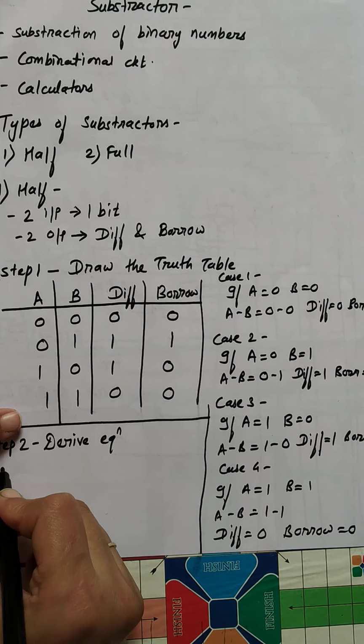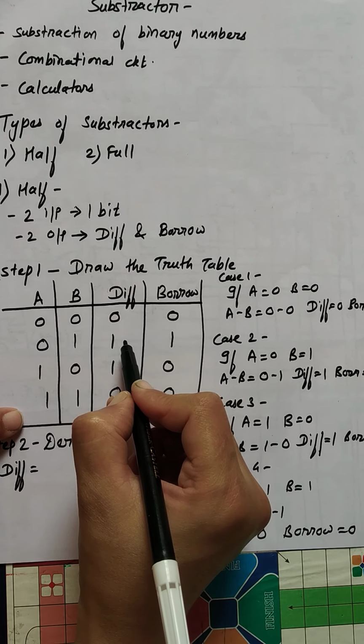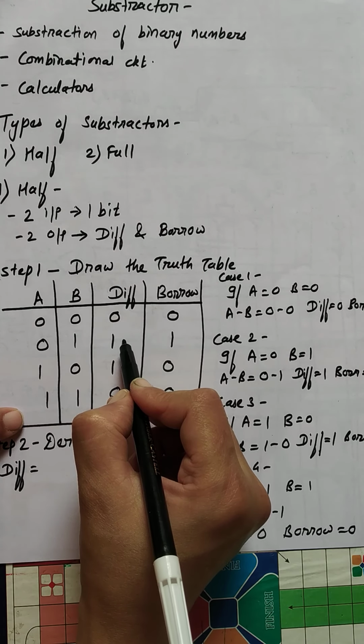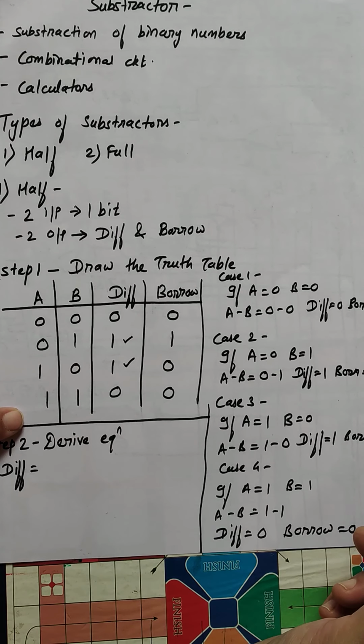So here for difference I will write. In SOP form, we write the product terms for output as logic 1, right? So these are two outputs which are logic 1.